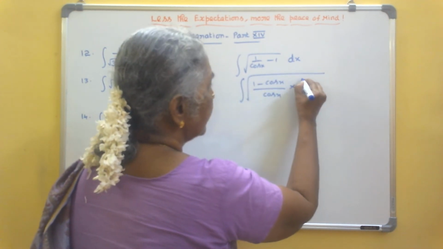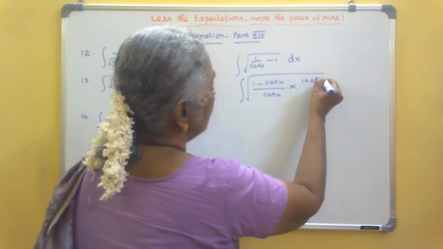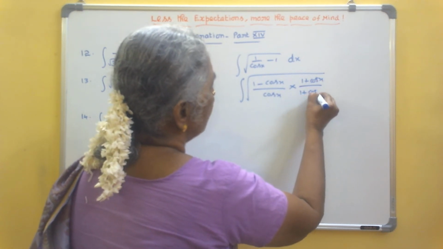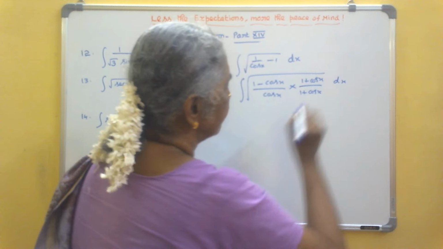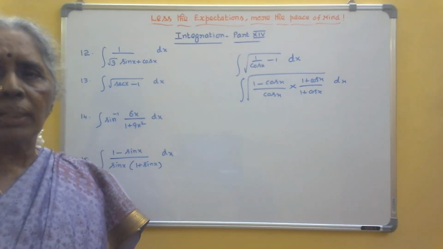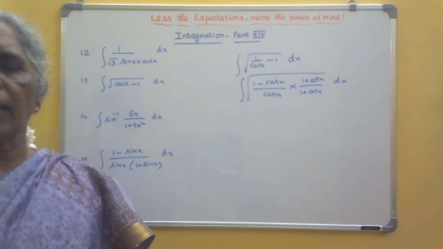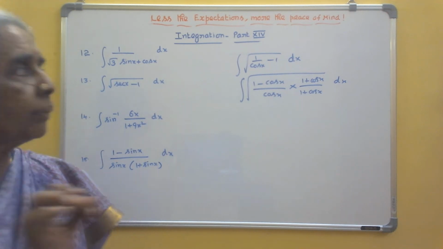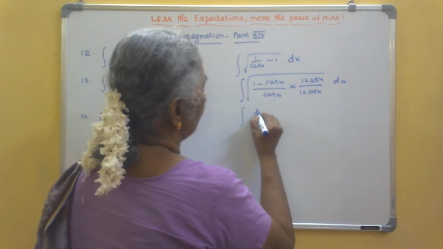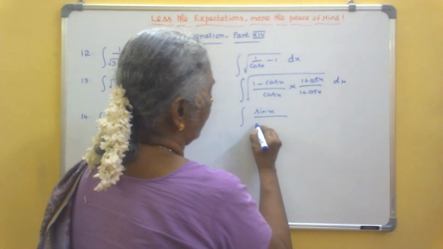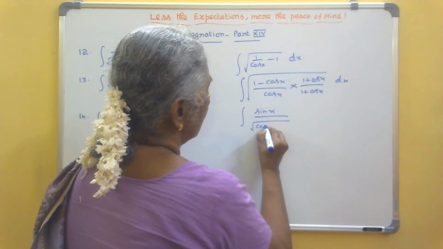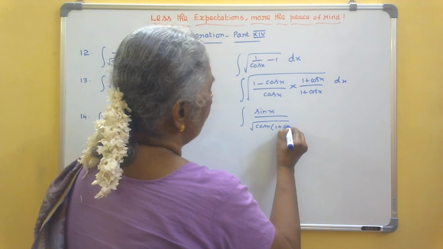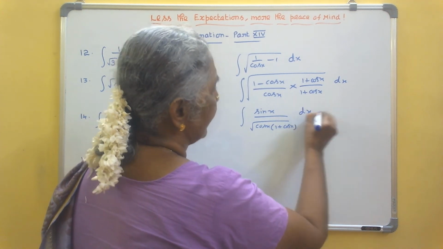In the root itself you conjugate into 1 plus cos x into 1 plus cos x dx. Now I will get 1 minus cos squared x in the numerator, which is sin squared x. So sin x I will get in the numerator outside the square root. Here I will get cos x into 1 plus cos x dx.